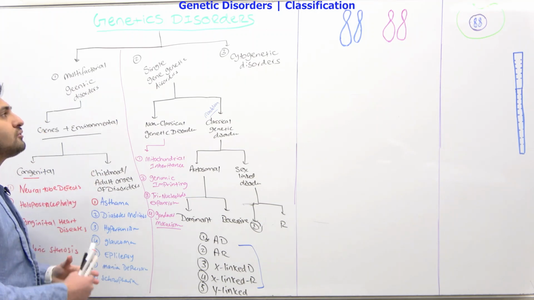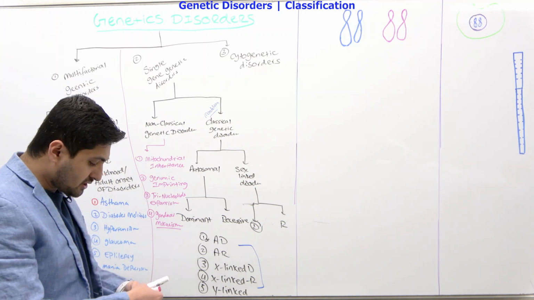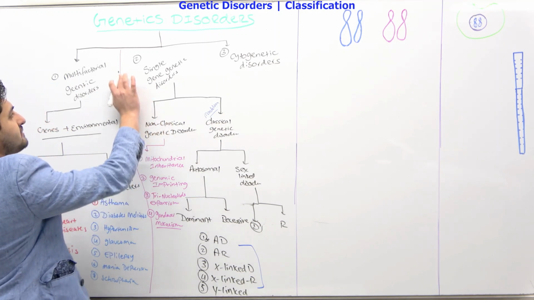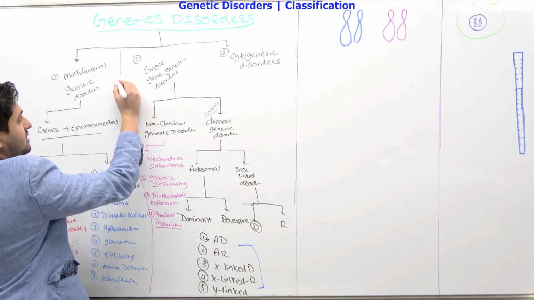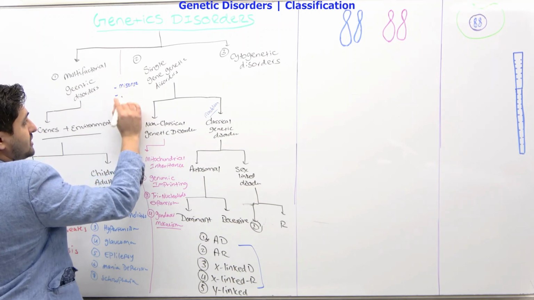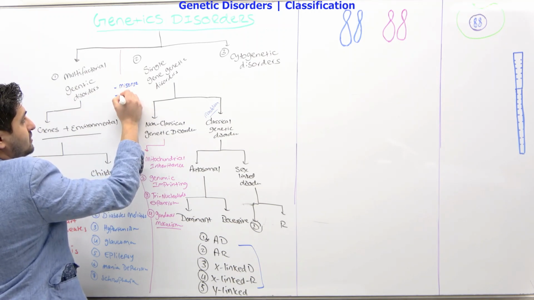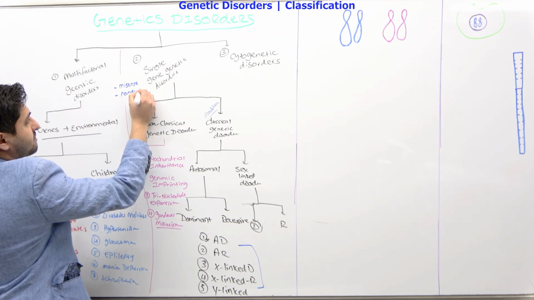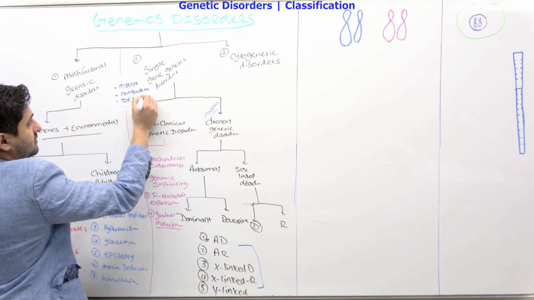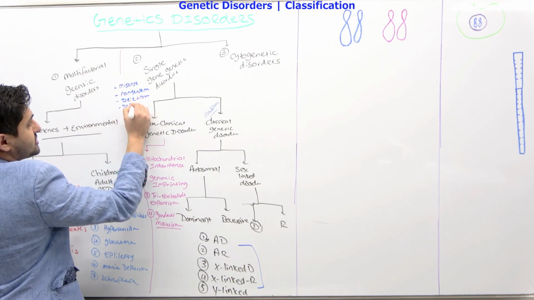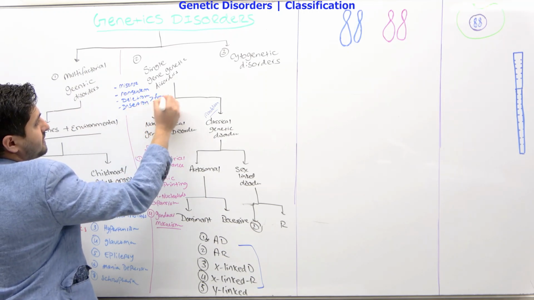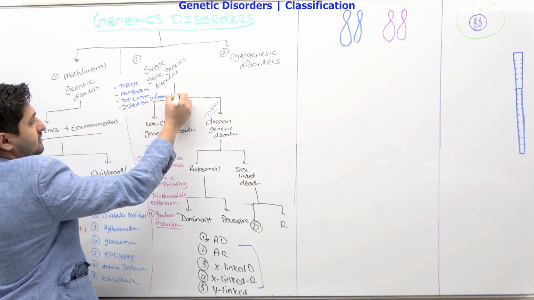And usually, whenever we talk about single gene mutations, the cause is basically a point mutation. It could be missense mutations, it could be nonsense mutation, or deletions, or insertion, or maybe a frameshift mutation.